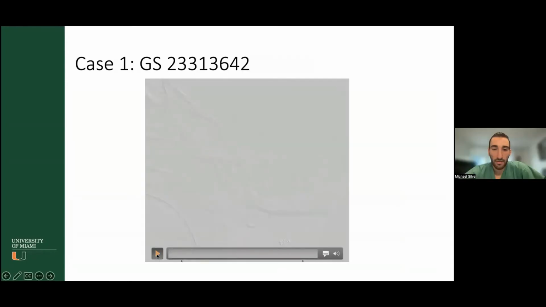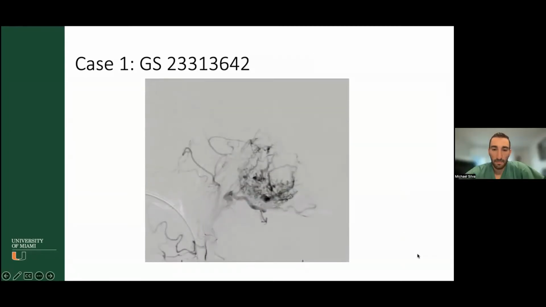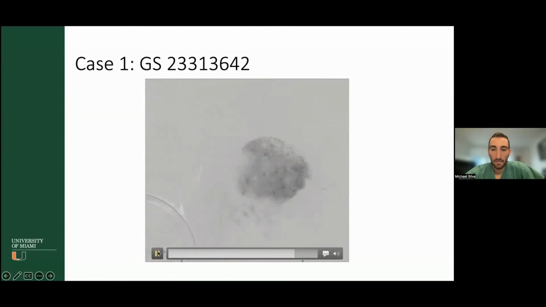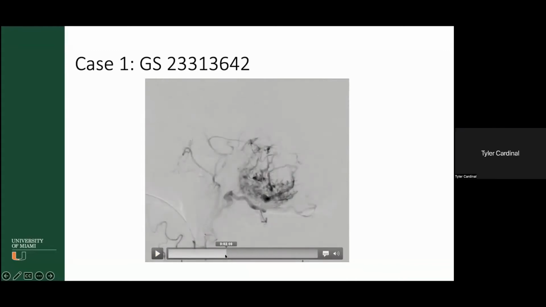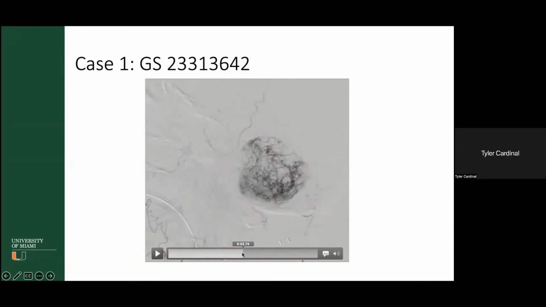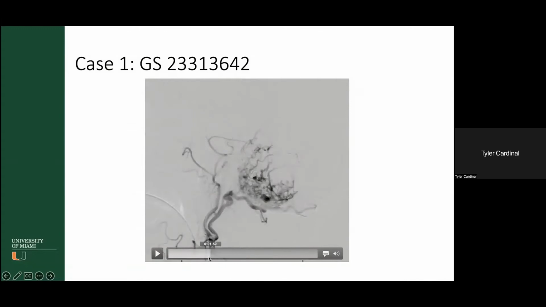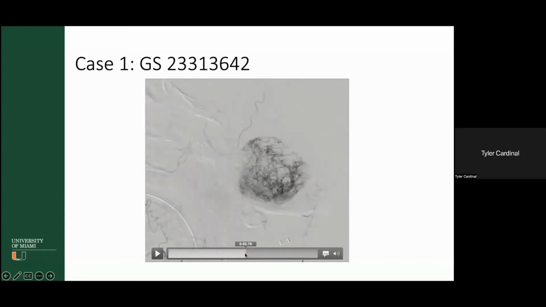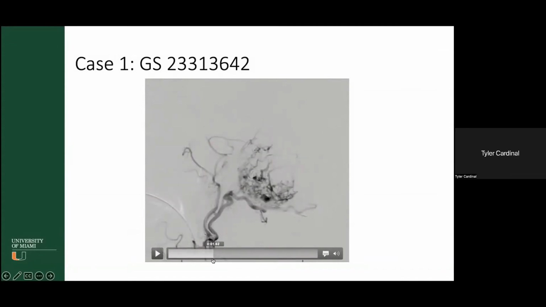So here's your angio. You want to just quickly describe what you see here? Sure. This is an ECA injection. I apologize, I'm not super familiar with the branches of the ECA, but obviously there's diffuse enhancement of the region in which the lesion is located.